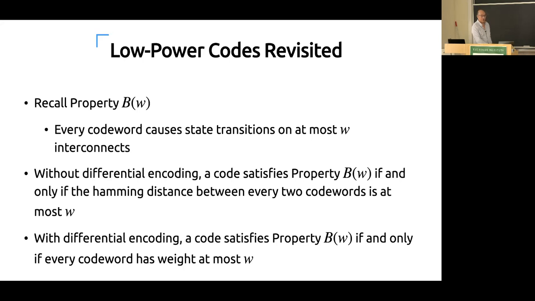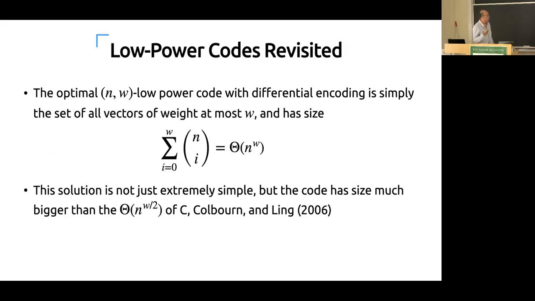This means that if we use differential encoding, the optimal code, the largest code, is simply the set of all vectors of weight at most W, and that has size Theta of n choose W. So this solution is extremely simple without appealing to Kleitman's theorem, and it has size much larger than the Theta of n to the W over 2 that we constructed earlier.